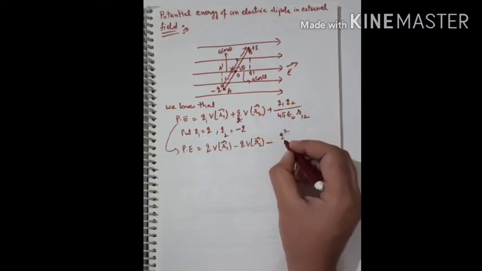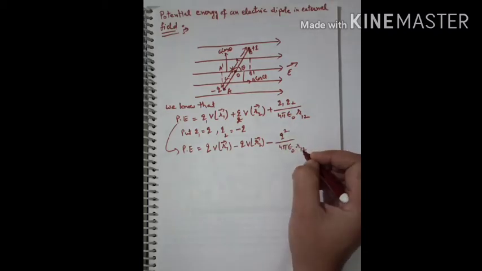So the potential energy is equal to q V of r1 vector, minus q V of r2 vector, and here it is minus q square over 4 pi epsilon naught r12. So this is the potential energy due to this dipole.